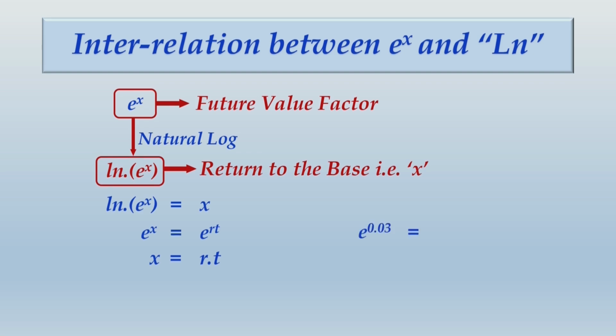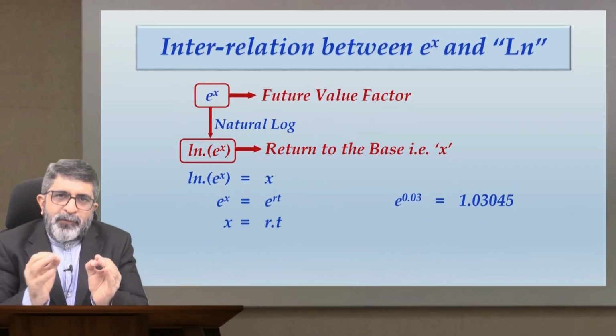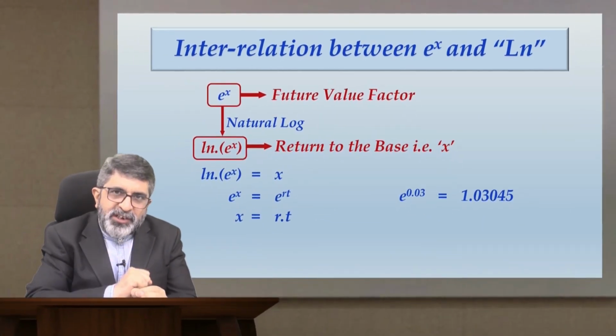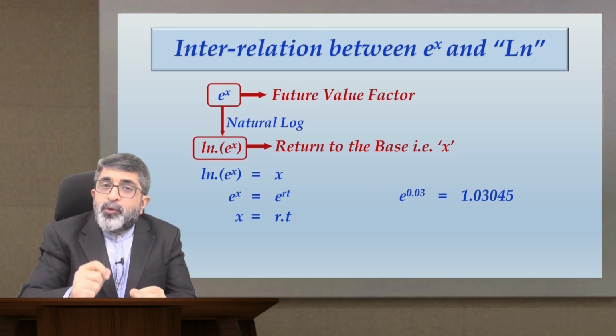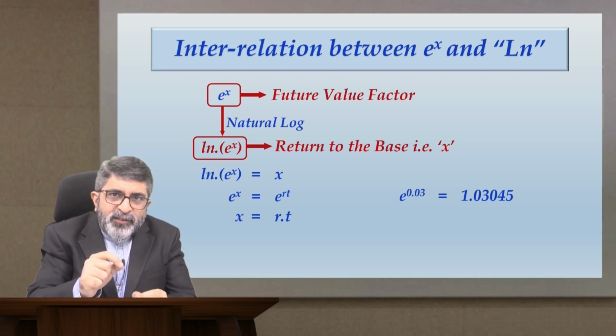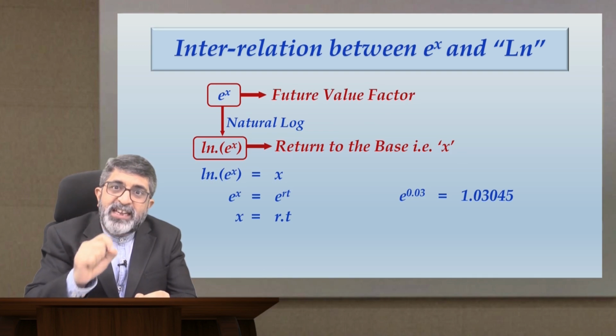So if it is e raised to 0.03, then the value comes to 1.03045. So assume that the interest rate applicable for the given period is 3%. So the future value factor will be e raised to 3%, that is e raised to 0.03 for that period.